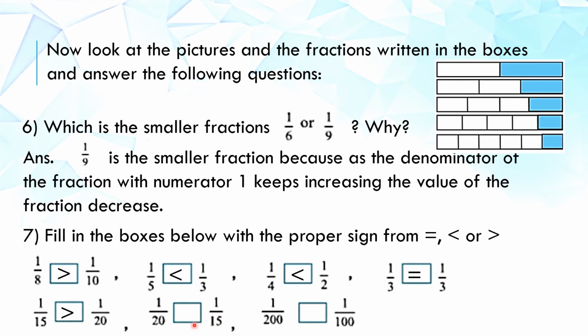So here our answer will be 1 upon 20 is less than 1 upon 15. Next 1 upon 200 and 1 upon 100. So here our answer will be 1 upon 200 is less than 1 upon 100.